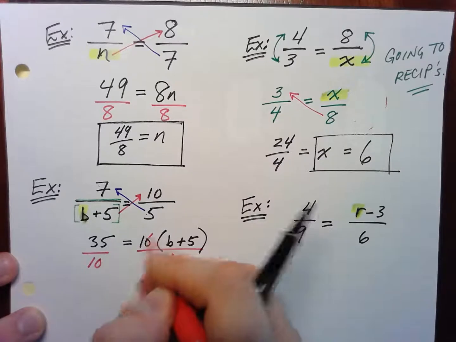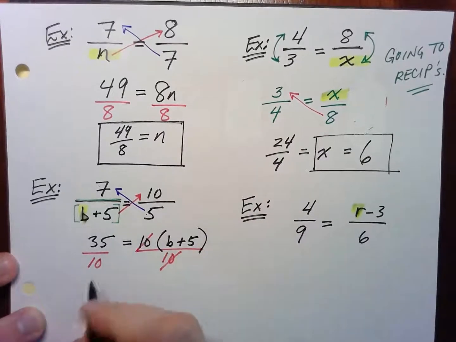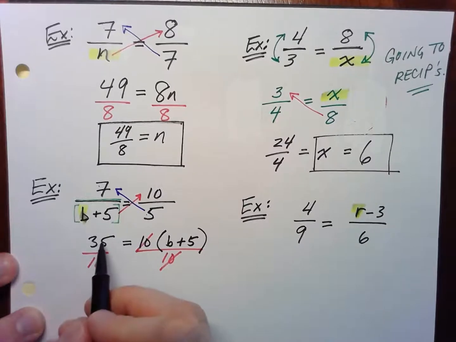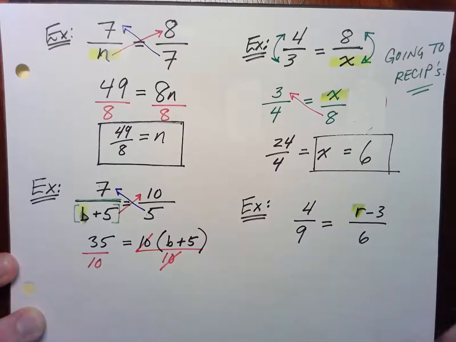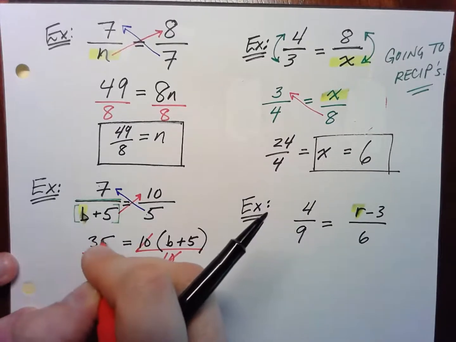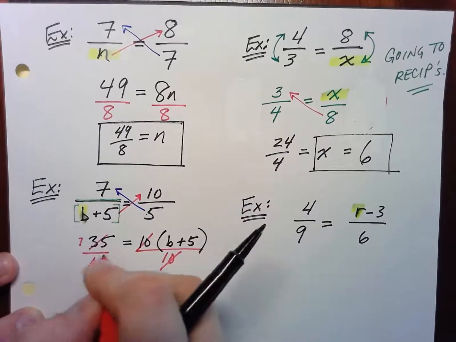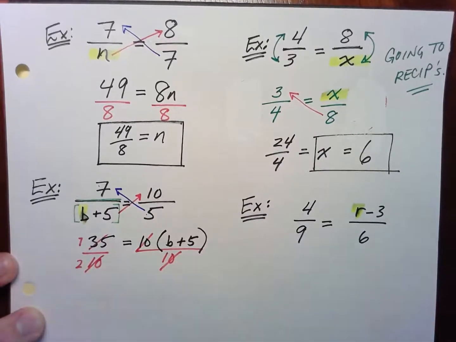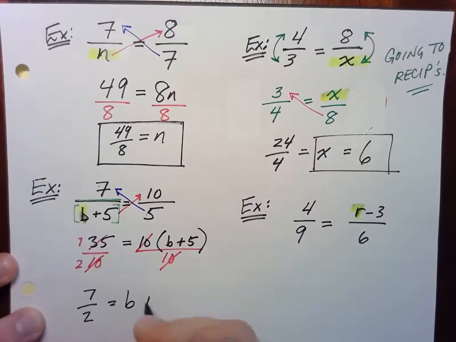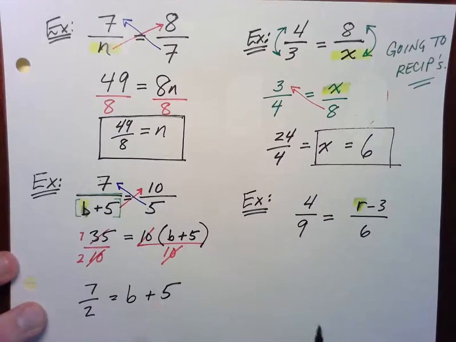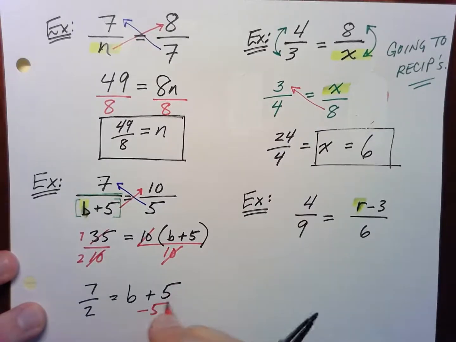So if I multiply by the 10, then those go away. And I'm going to have, let's see, if we reduce this by 5 on each one, so this becomes a 7 and this becomes a 2. So this is 7 halves equals b plus 5, and now we have to subtract 5.